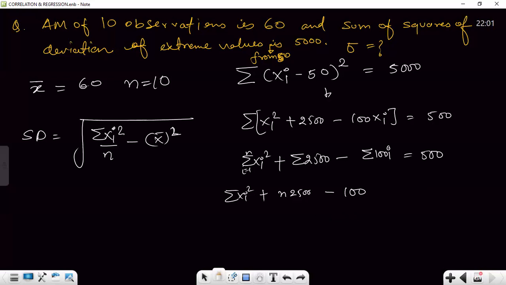Not i, sorry, it's xi. So 100 can be taken out, and sigma xi is what remains.